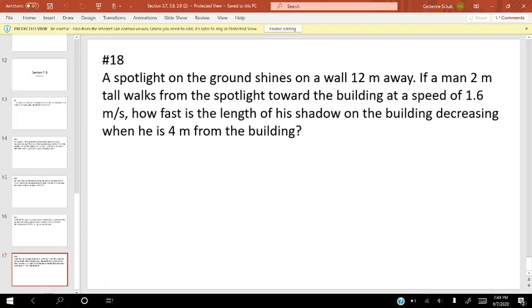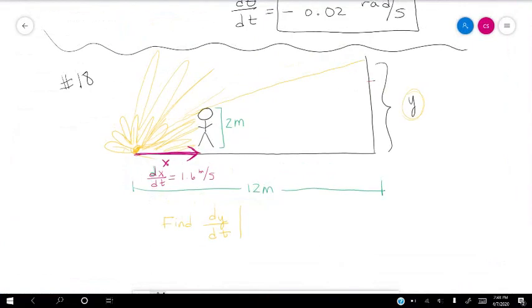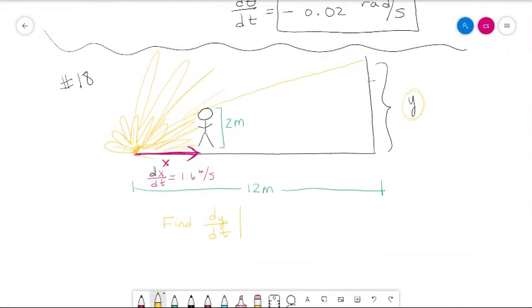Excellent. Okay, well, if he's 4 meters from the building, I'll just write this lightly. If he's 4 meters from the building, that means the rest is x, right? Because x is the distance from the spotlight. So the whole distance is 12. So x is going to be 12 minus 4.